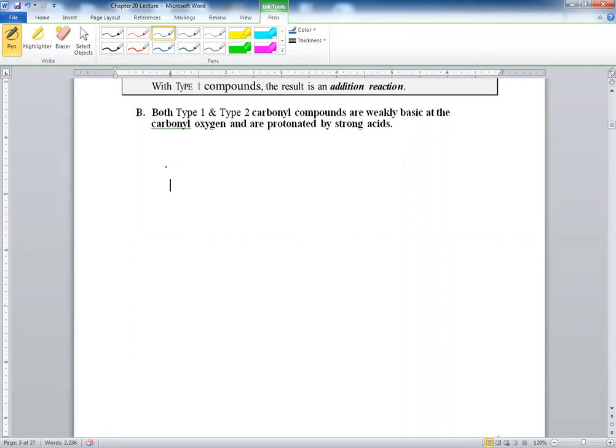So suppose we have... once again, it's essential that you remember that the protonation occurs at the carbonyl oxygen, this one right there.